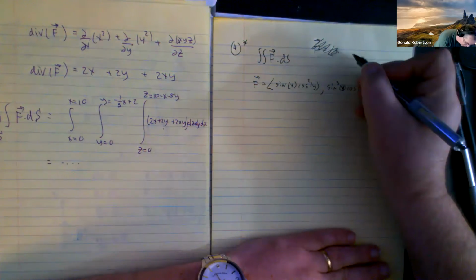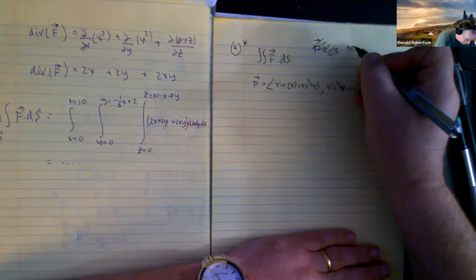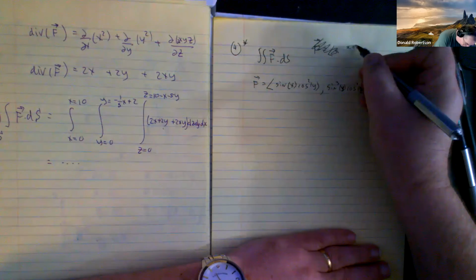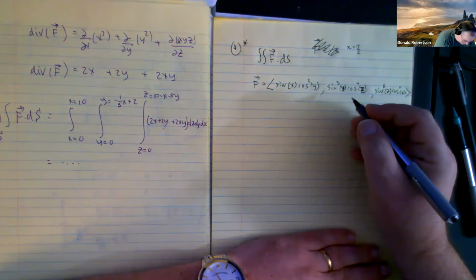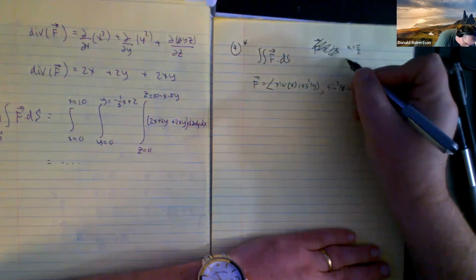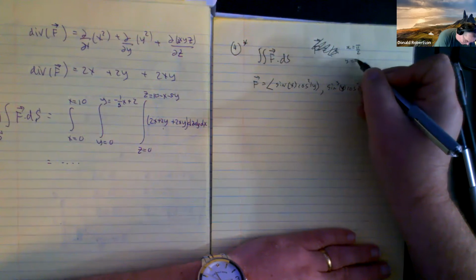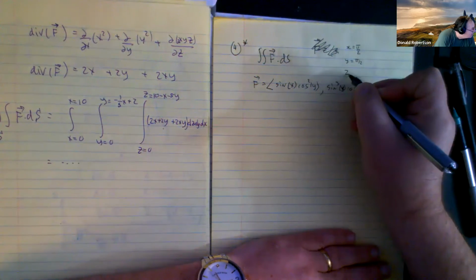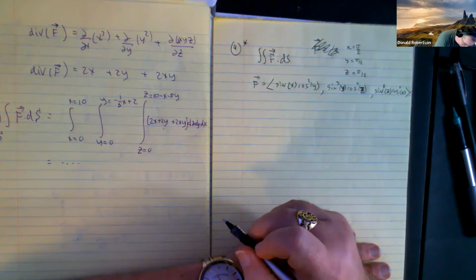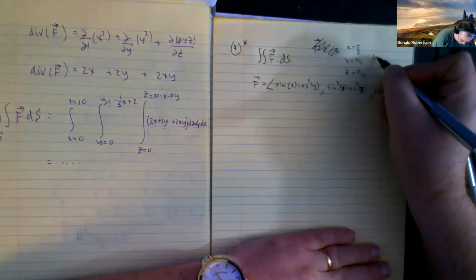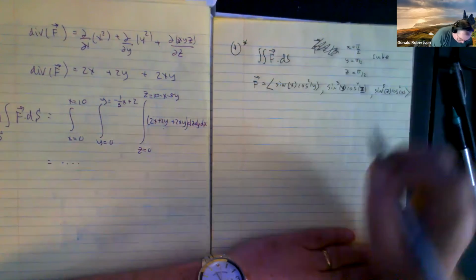And what does our surface look like, or at least a 3D region generated by our surface? You've got this guy. You've got this guy. And you've got this guy. And it's a cube. Okay.